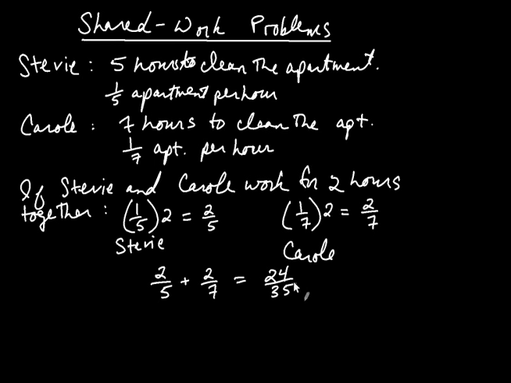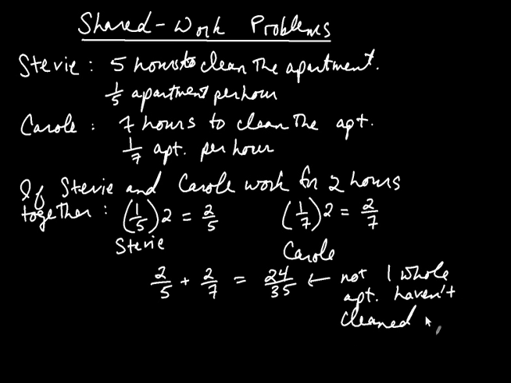Now the fact that they've cleaned 24/35 of the apartment, the fact that it's not 1 whole apartment, what that tells you is they haven't cleaned the entire apartment. Okay, they've cleaned 24/35 of the entire apartment.